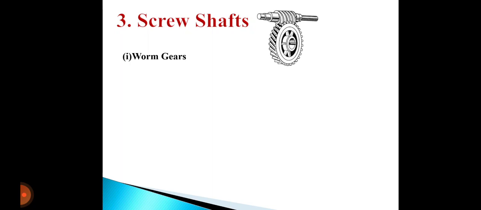Now, screw shaft. In case of parallel and intersecting shafts, a uniform rotary motion is possible by pure rolling contact, but in case of screw, that is non-parallel, non-intersecting shafts, this is not possible. Now, the worm gear. So, in this diagram, the diagram of worm gear.